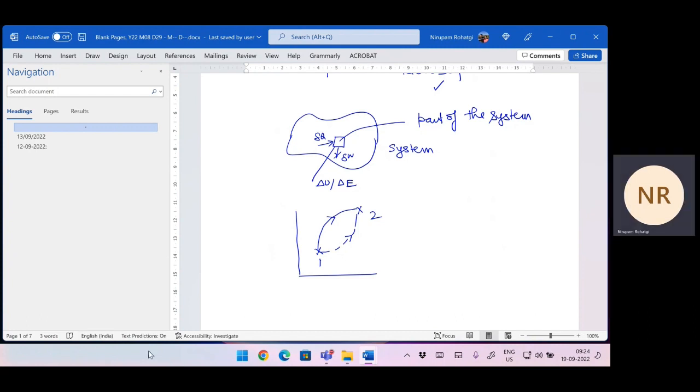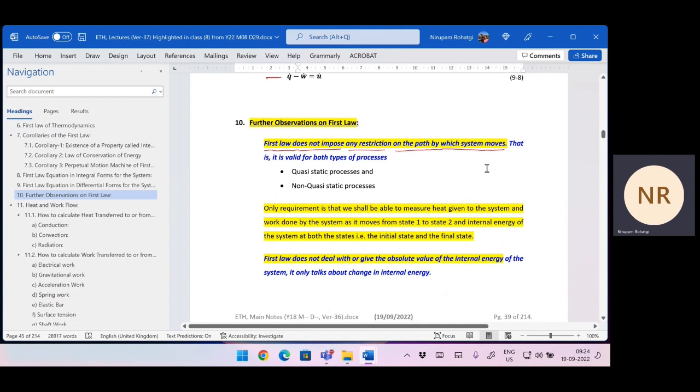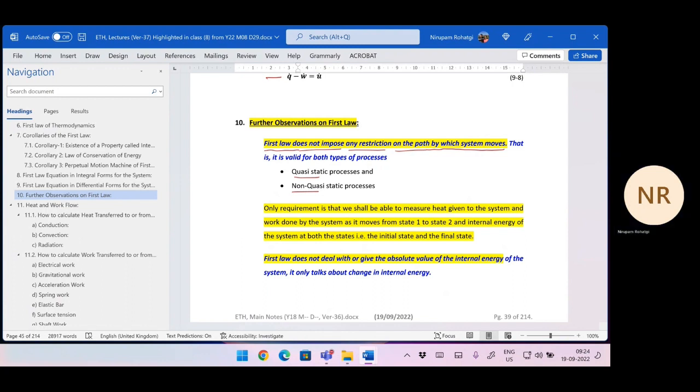Now, what the first law is saying is that whatever the path is, whether quasi-static or non-quasi-static, the first law holds good. The only requirement is that we shall be able to measure the heat given to the system and the work done by the system as it moves from state 1 to state 2, and the internal energy of the system at both the states.